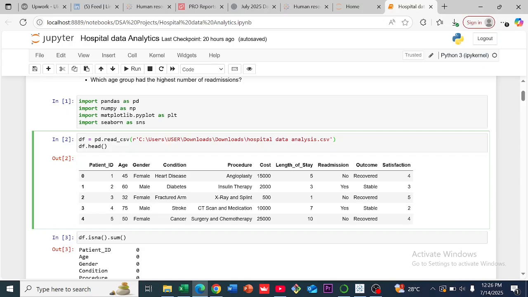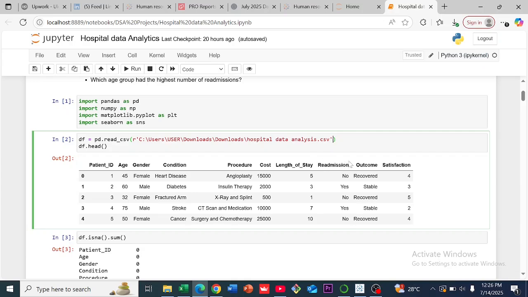So after that, I'll be using the .head method to read the first 5 rows of this dataset. I want to see what my dataset is all about. So you can see we have the patient ID, the age, the gender column, the condition, which is the disease condition the patient has, the procedure, the cost, the length of stay. When we talk about length of stay, it is how long this patient has been admitted into the hospital facility.